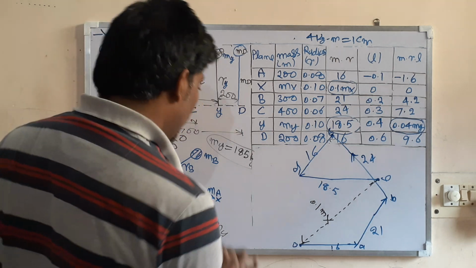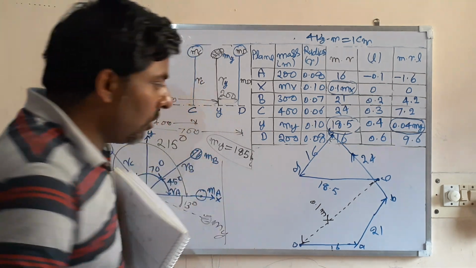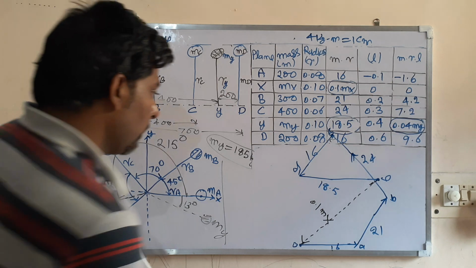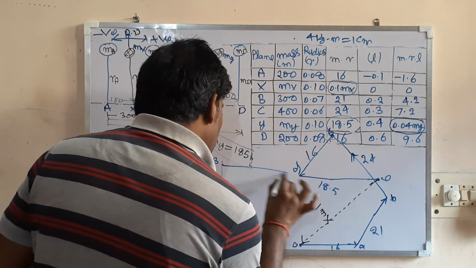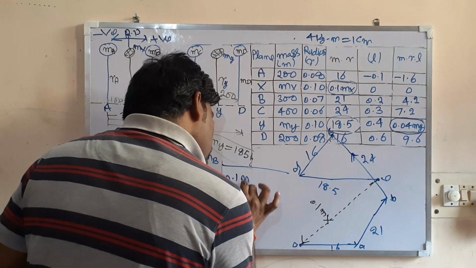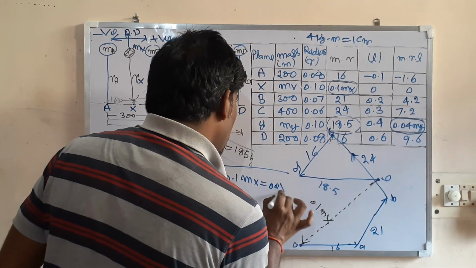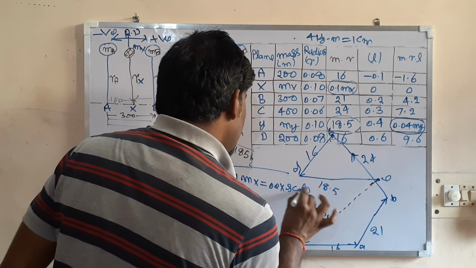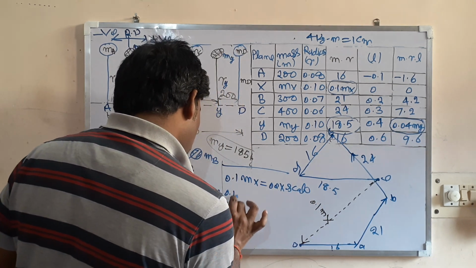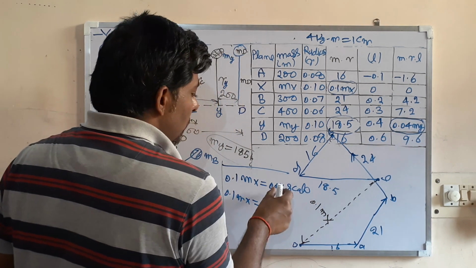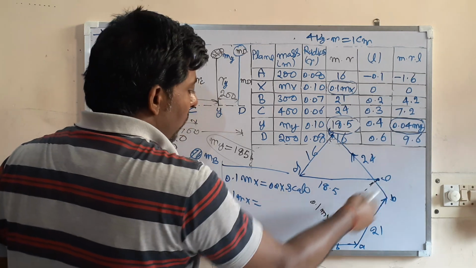Now let us find out the value. How to find out the value? This 0.1 mx is equal to OE into scale. By measurement, you take the value of OE.